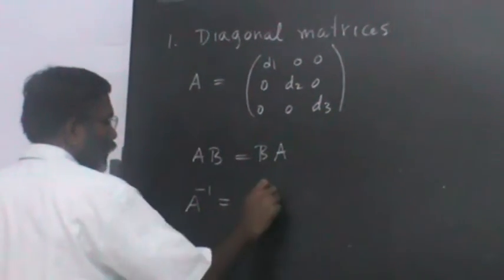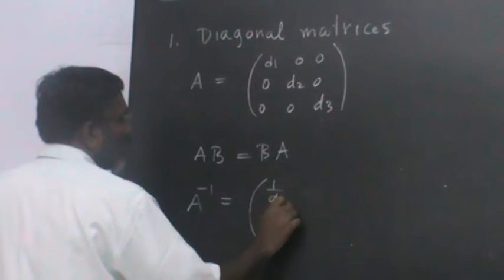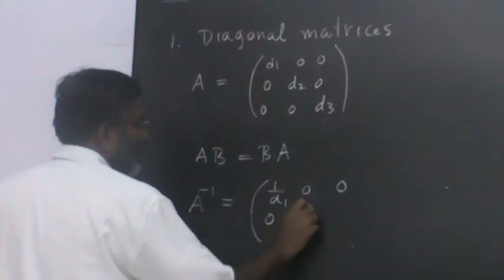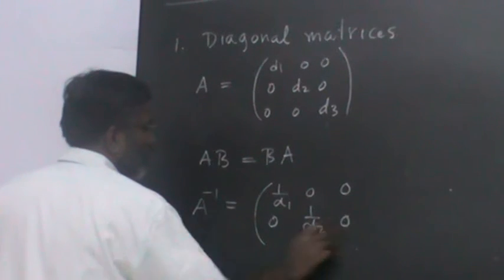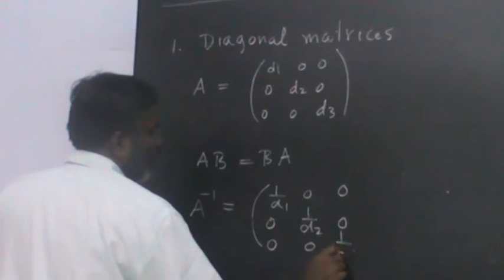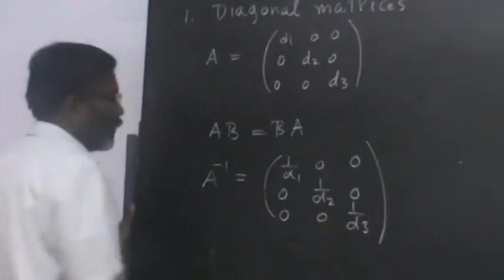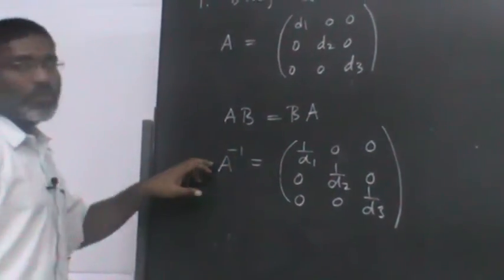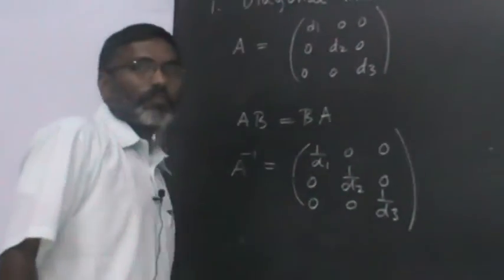And if you have a matrix A, you can define A inverse as 1 over D1, 0, 0, 0, 1 over D2, 0, 0, 0, 1 over D3, because when you multiply by A inverse, you should get the identity matrix. So the diagonal elements are reciprocals of the same.